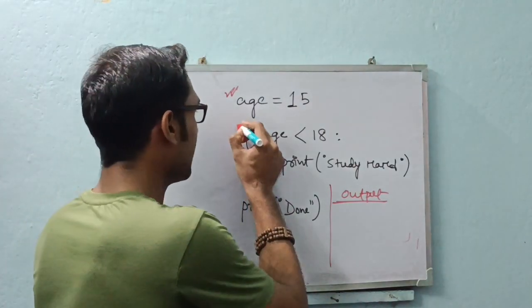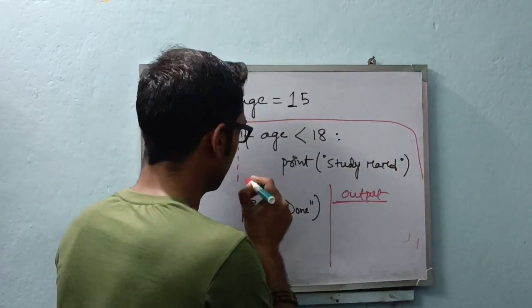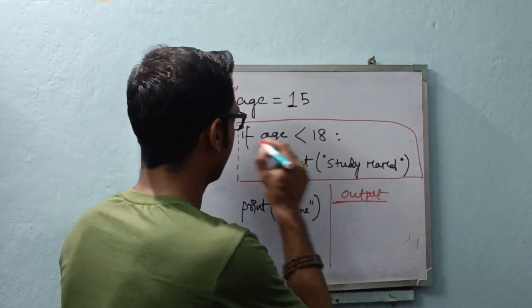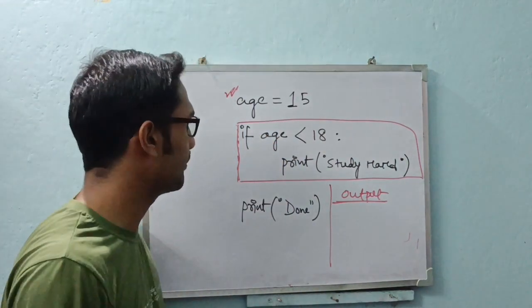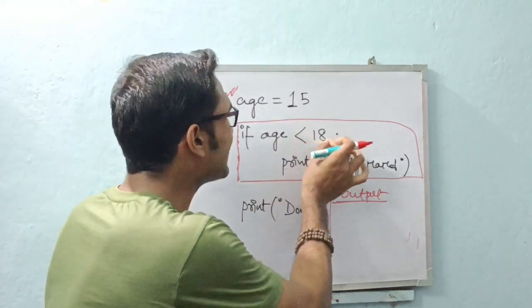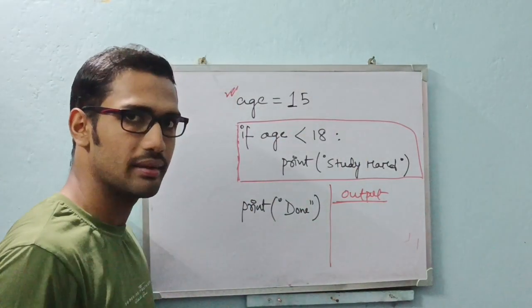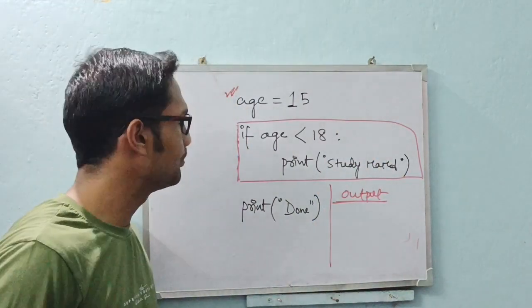Now try to understand this particular thing. So create a box. A condition is being given that if age is less than 18, then a message will be shown: study hard. Clear?